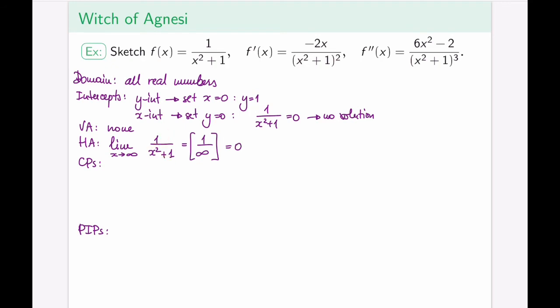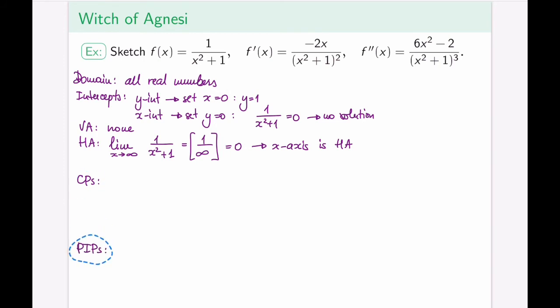So that means that I do have a horizontal asymptote, and my horizontal asymptote is the x-axis, y equals 0.